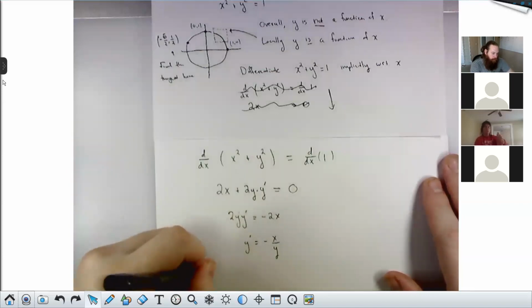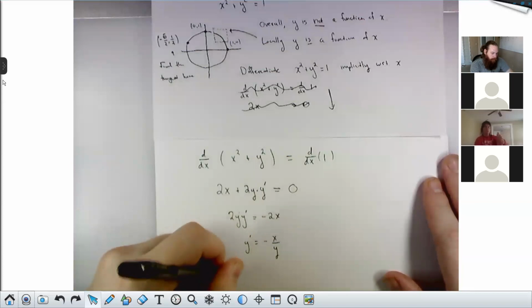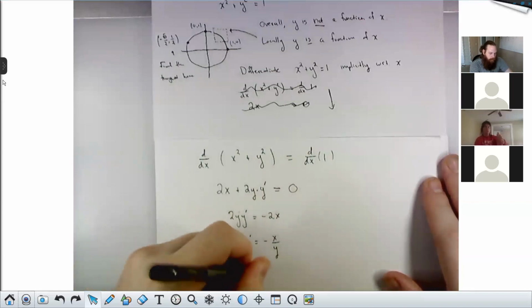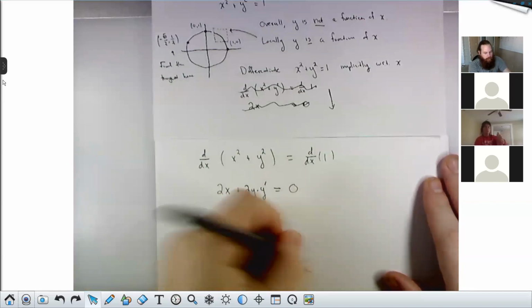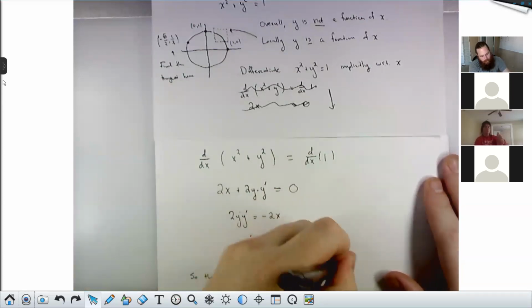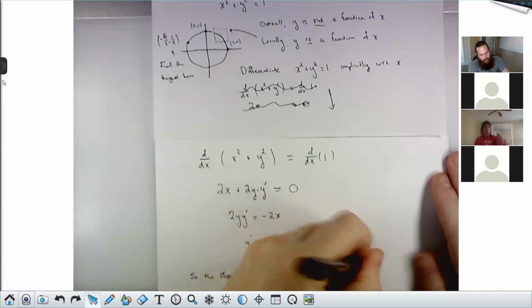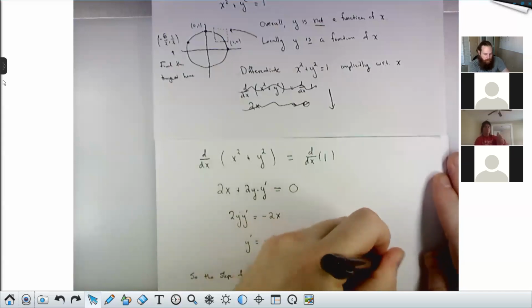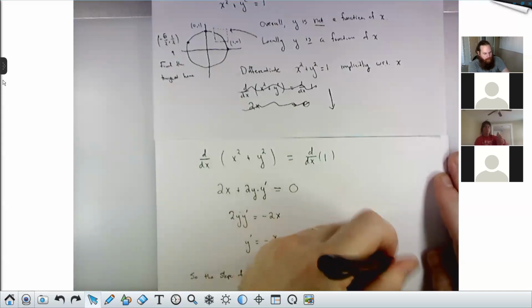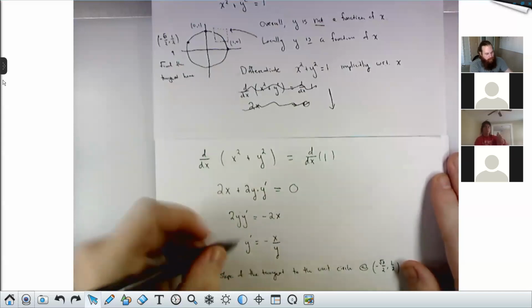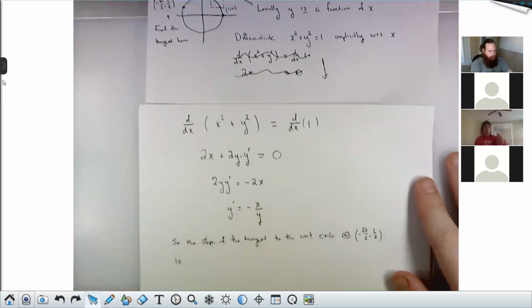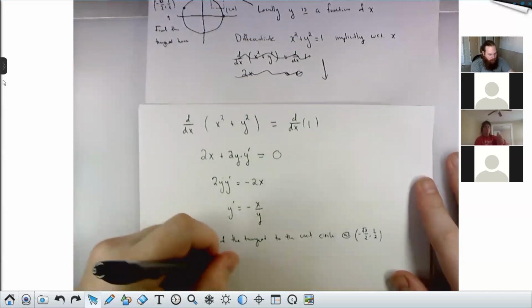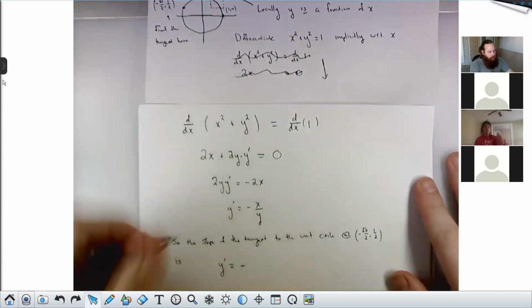So the slope of the tangent line to the unit circle at the point negative root 3 over 2 comma positive 1/2 is, I take this formula and I plug these values in. It's y prime equals negative x over y.